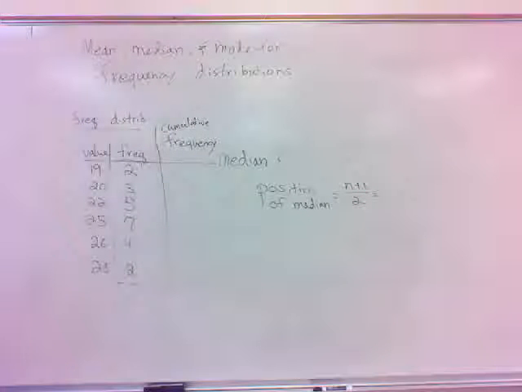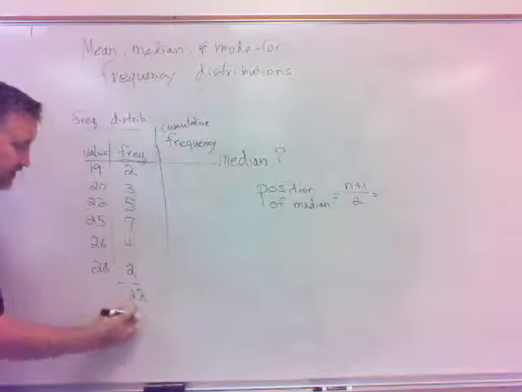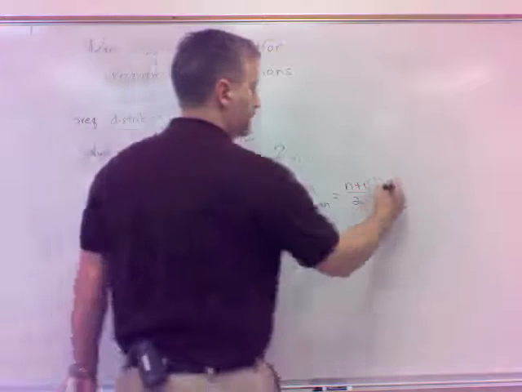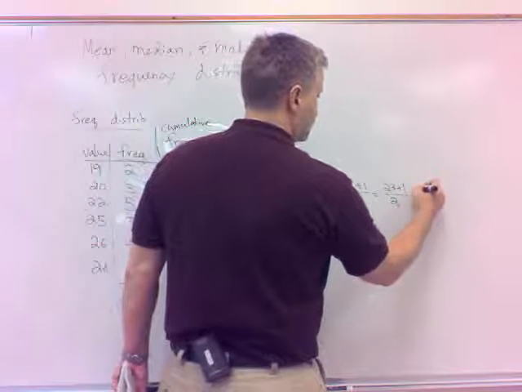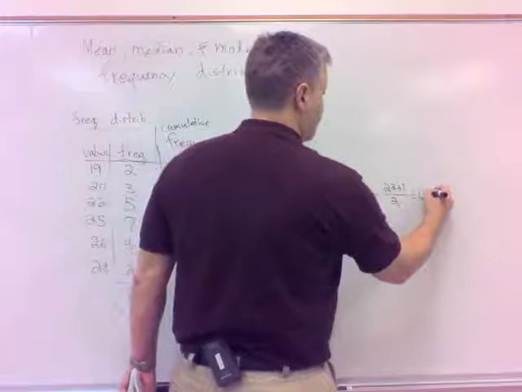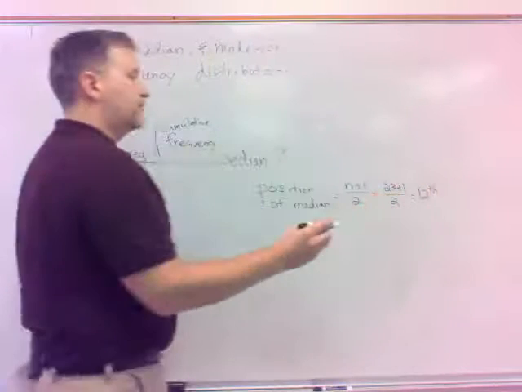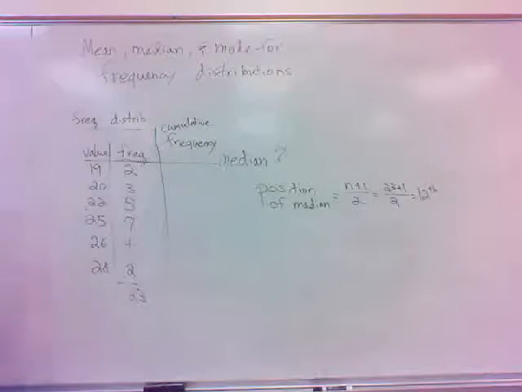What's the n here? The number of values there are. Again, that's back to this number, right? 23. And so that's 24 divided by 2. That's 12. So the median is not 12. The median is in the 12th position.